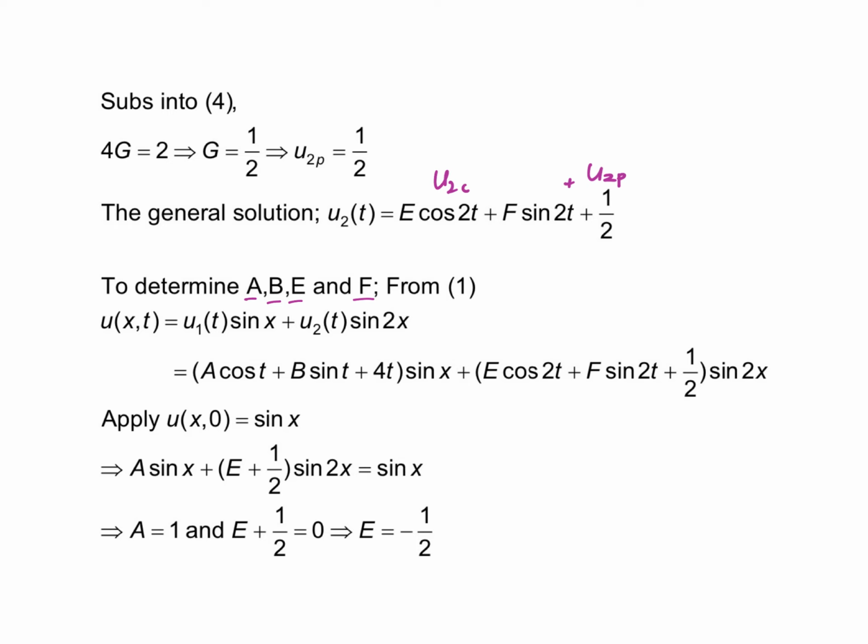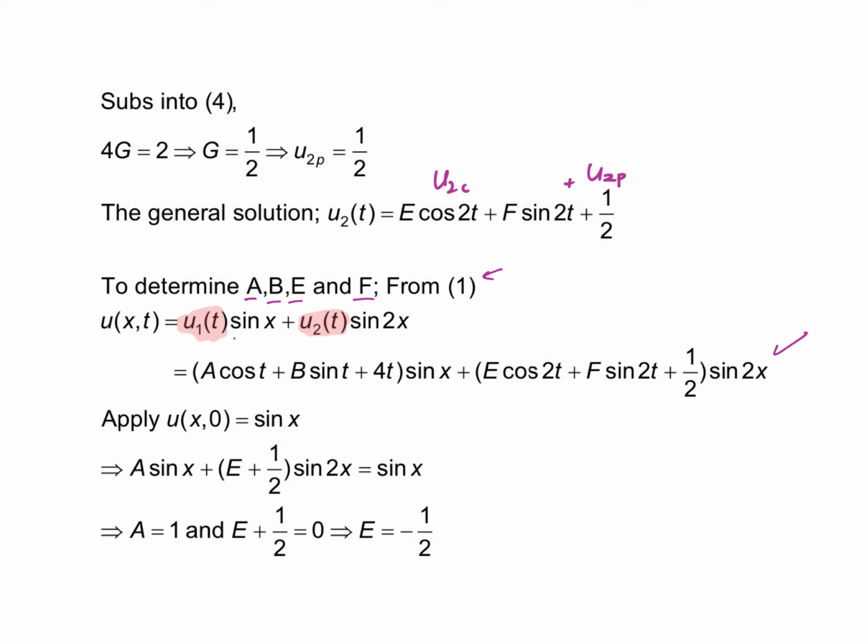So from 1, we have u(x,t) is equal to u1(t) sin x plus u2(t) sin 2x. This one is the general solution for u1(t), and this one is the general solution for u2(t). So we just write it back and we will have it like this.